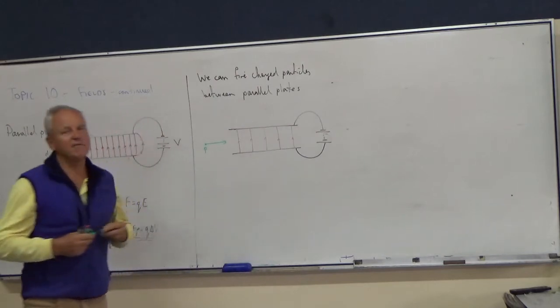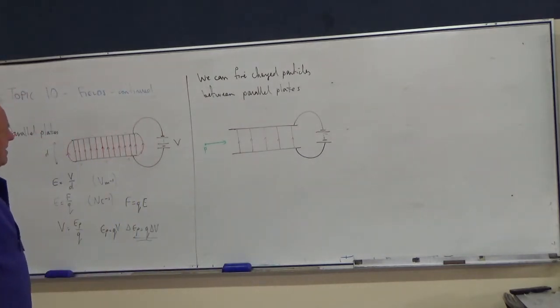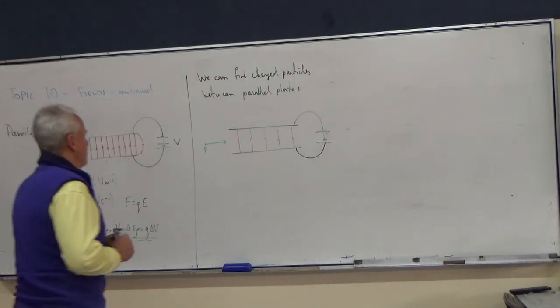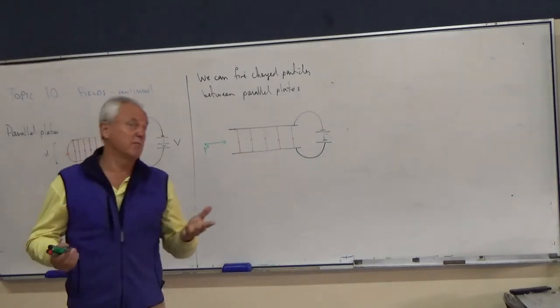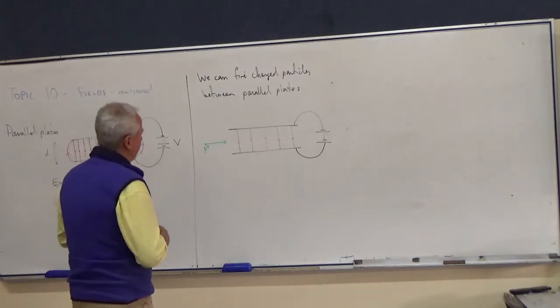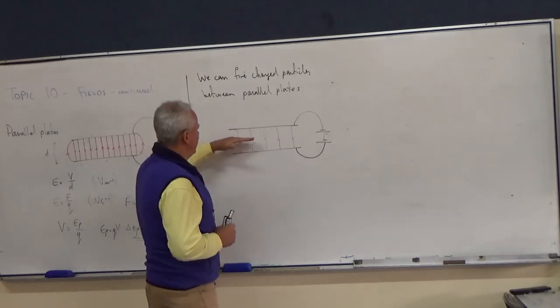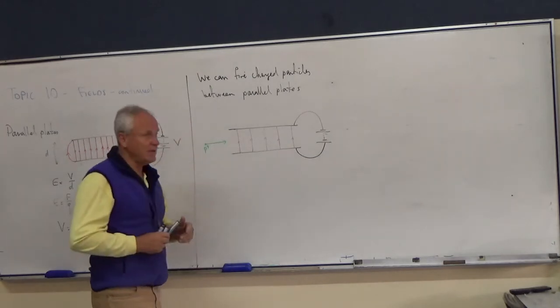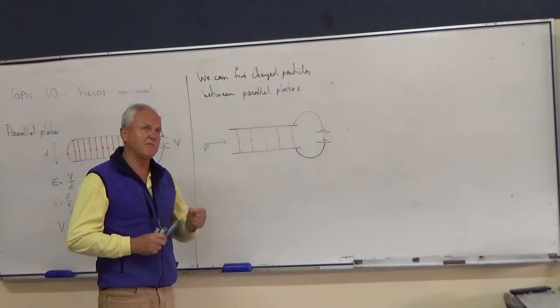Okay, if I fire a proton in, I'll call it a P plus. I mean, we could technically have a P minus, an antiproton, but if I fire a proton in there, then as it heads in here, it will experience a force because it's a positive particle.